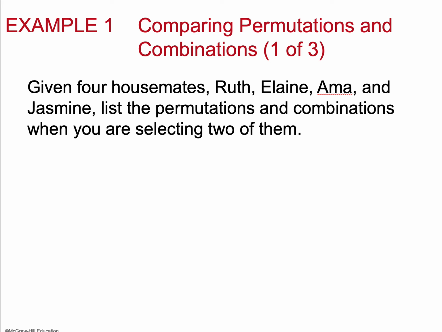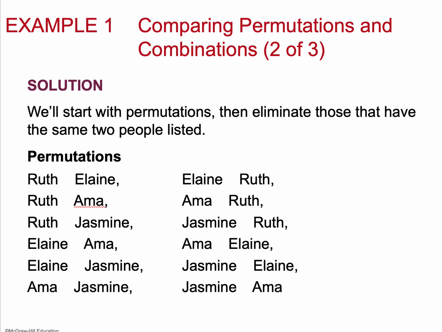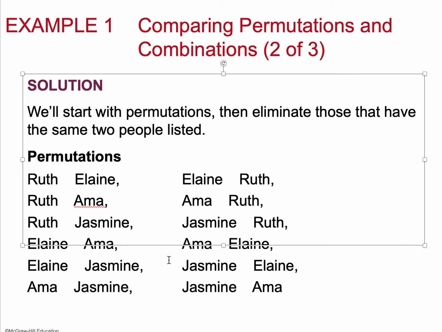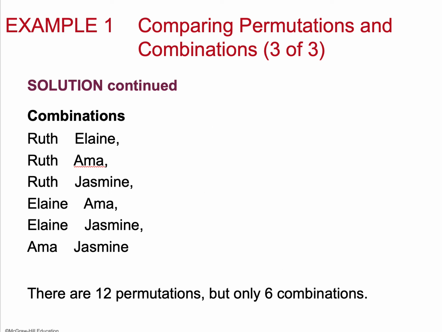So if I have 4 housemates, Ruth, Elaine, Amma, and Jasmine, and I want to list the permutations and combinations where I select 2 people from the roommate list. Let's compare these. In the permutations, we're going to list out all the ways you can select those 2 people out of that. Then we're going to remove any duplicates.